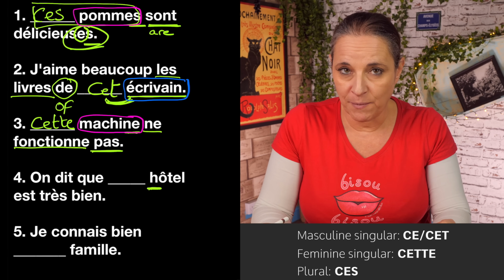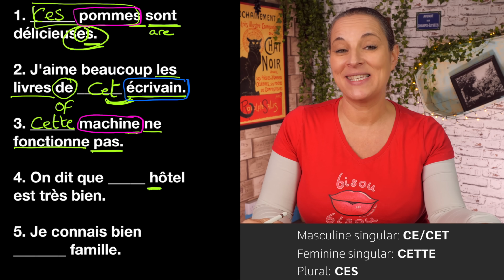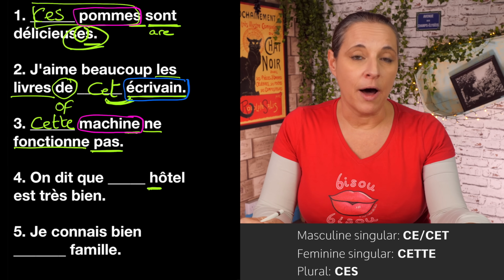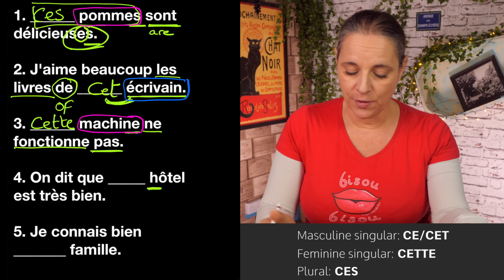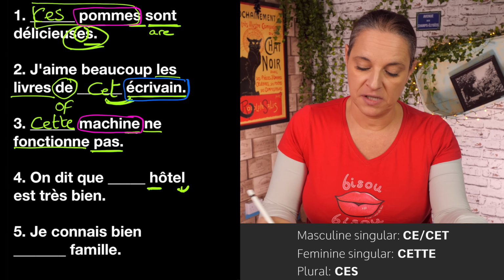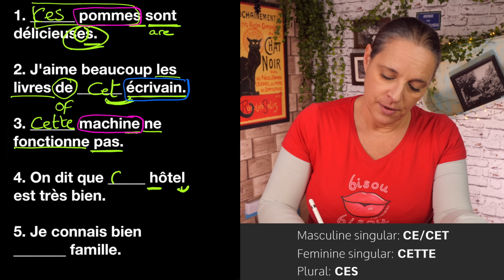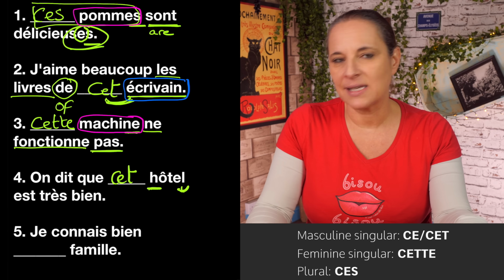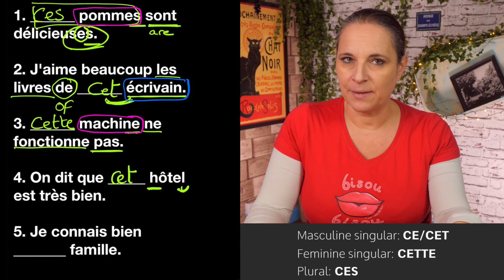But if it's masculine, it's going to be cet, C-E-T. Why? Because it begins with an H. In this case, hôtel does not have an E at the end, so it's very likely to be masculine. So therefore, we are going to put cet, C-E-T. On dit que cet hôtel est très bien.